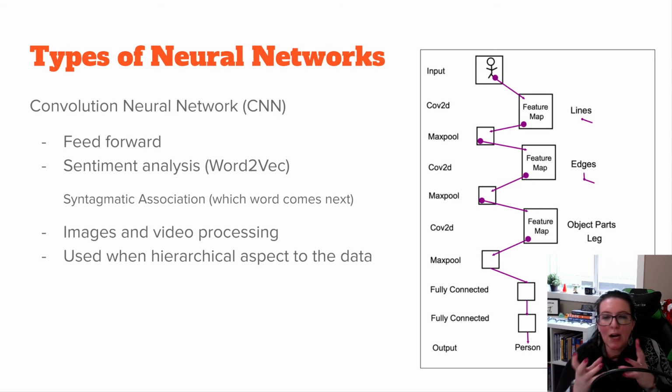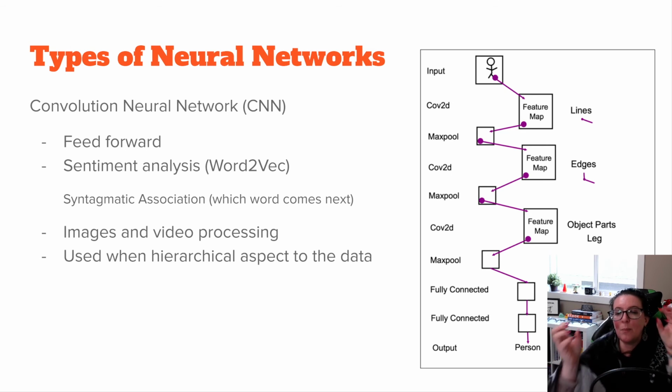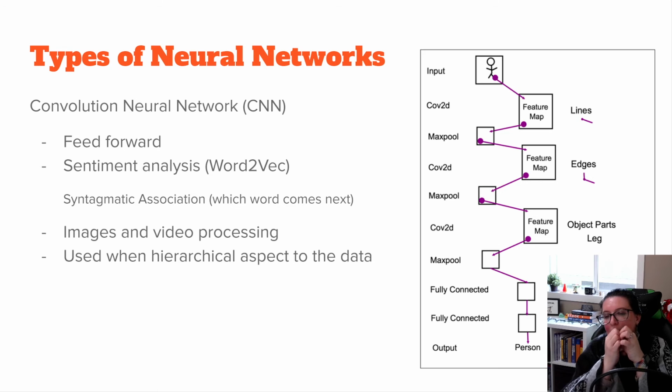And so there's a hierarchical nature to it where we start with some little piece, and that little piece gets combined with other little pieces to make a shape. And then that shape gets combined with other shapes to make a bigger shape. And so this hierarchical aspect, we're building the image essentially and identifying the image based on taking these little pieces and connecting them to other pieces. Okay. All right.